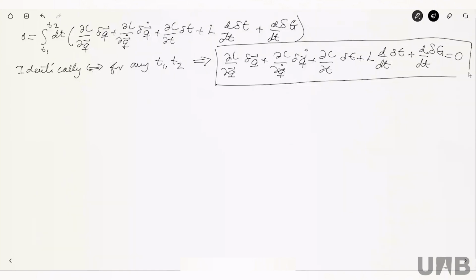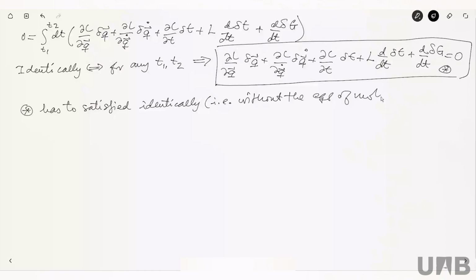All this has to happen, okay? And this, the condition star, has to be satisfied identically. That is to say, without the equations of motion, for T to be a symmetry.